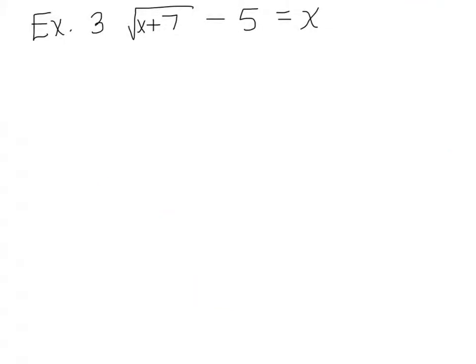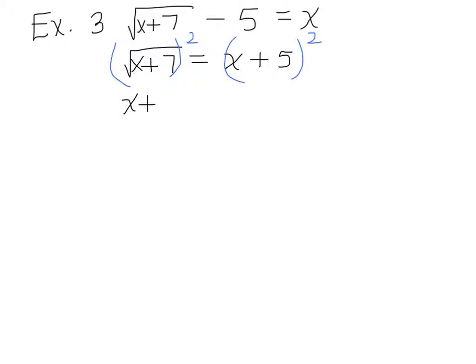Okay, now let's solve radical equations. And what you want to do is make sure that the radical is isolated, so it's by itself. So I'm going to add the 5 over. Then I'm going to square both sides to get rid of the radical. Very important: FOIL.